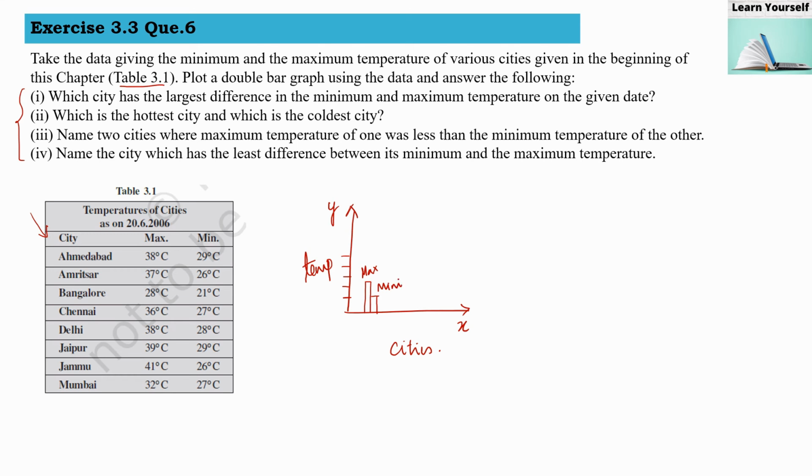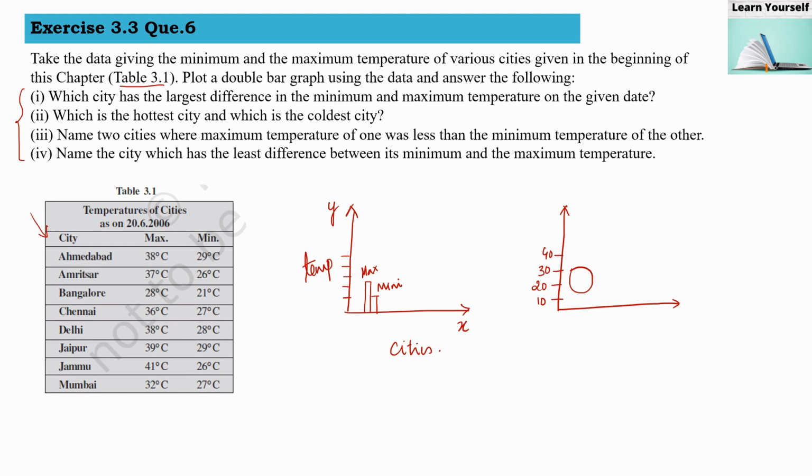Now about scale, as you can see, the minimum and maximum temperature readings lie mostly between 20 and 30 degrees. If you draw a bar graph taking 1 unit for each 10 degrees Celsius, then the graph will be concentrated in a small region, because the majority of the readings are between 20 and 40.